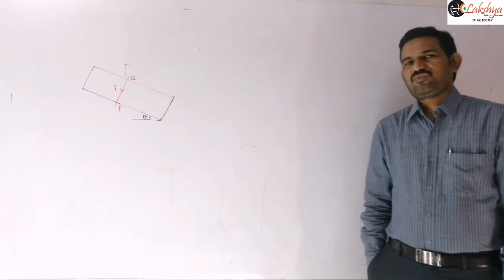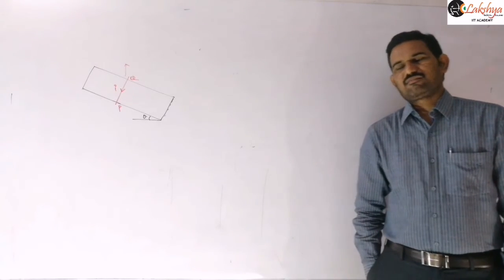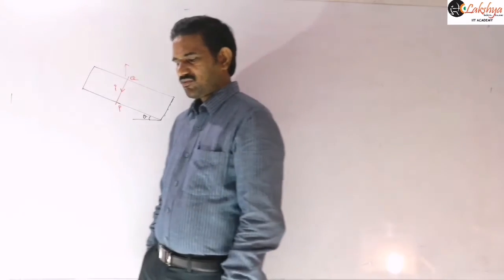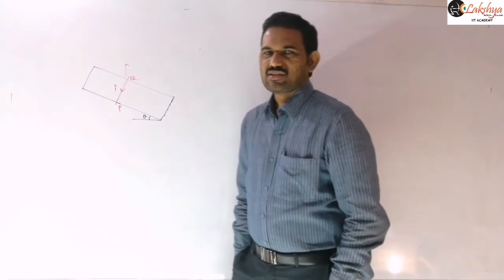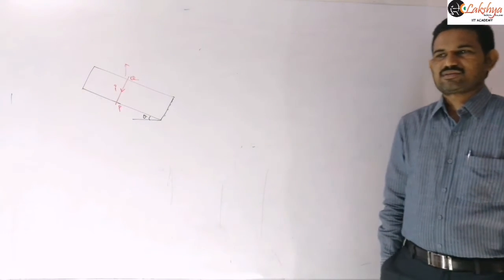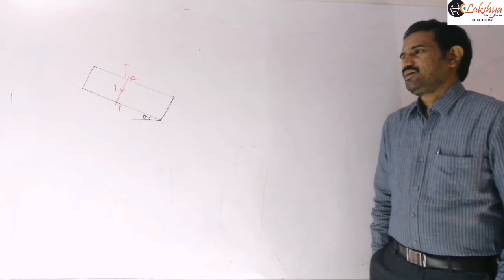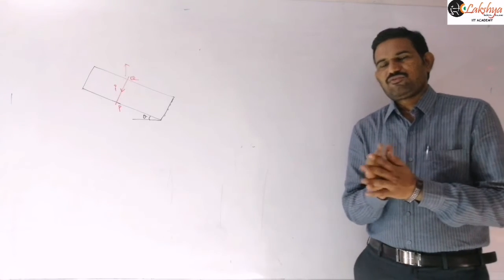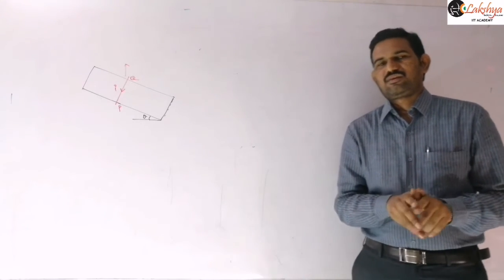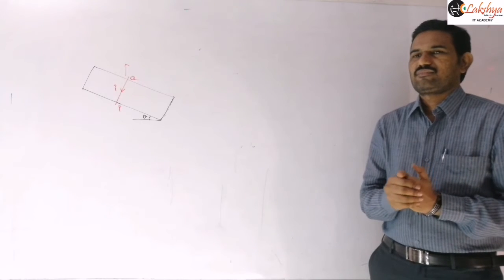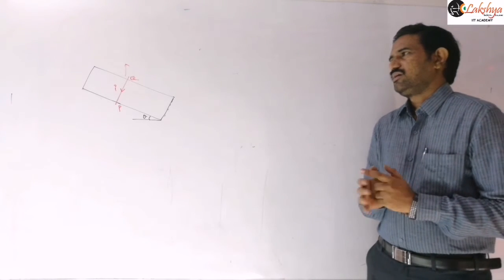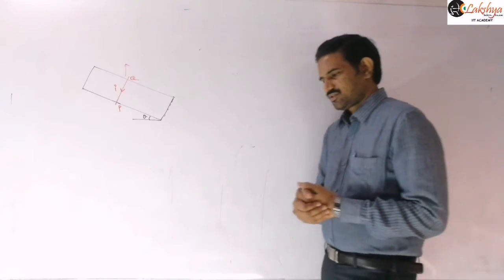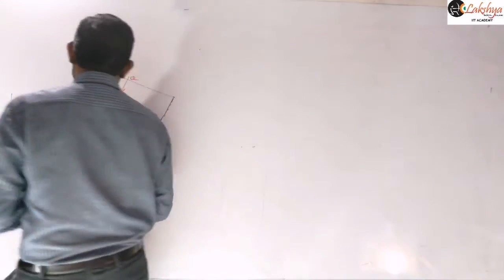If the wire is moving down with a constant velocity in the presence of a uniform magnetic field, find the expression for the magnetic field.